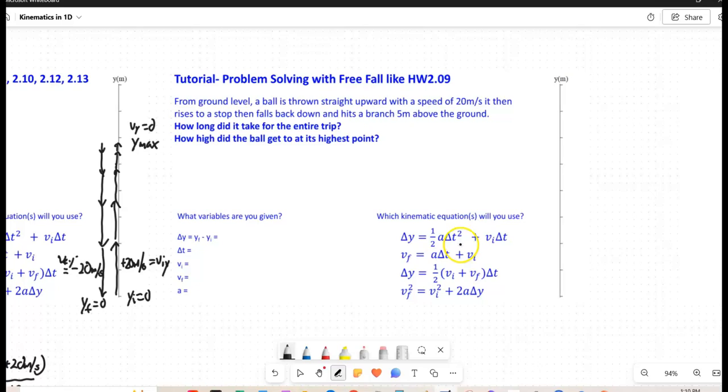You're going to launch a ball thrown straight upwards with a speed of 20 meters per second. So it's going to start here at 0. You're going to launch it up at, again, positive 20 meters per second, which is the initial velocity in the y direction. It then rises to a stop, so it's rising upwards, and it comes to a stop.